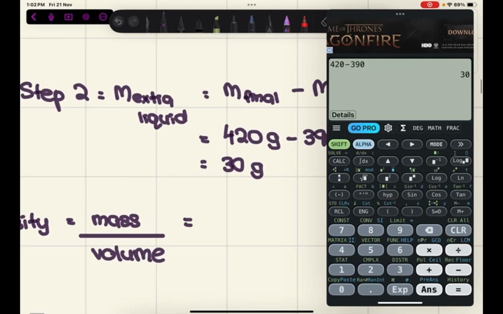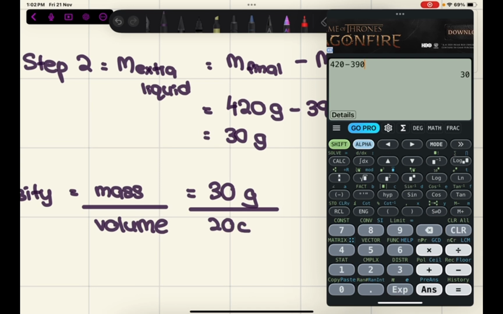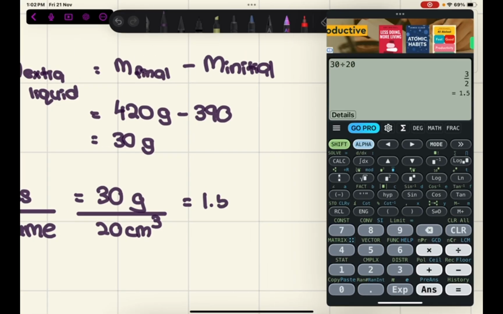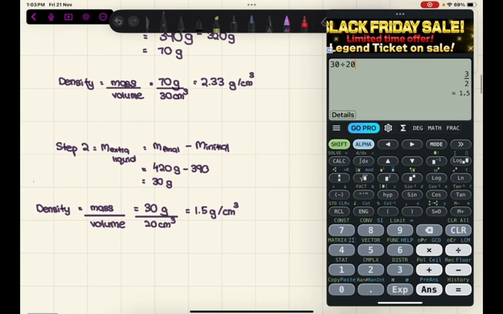Our mass is 30 gram over what? 20 centimeter cube. 30 divided by 20 equals 1.5. Don't forget about the unit, gram over centimeter cube.